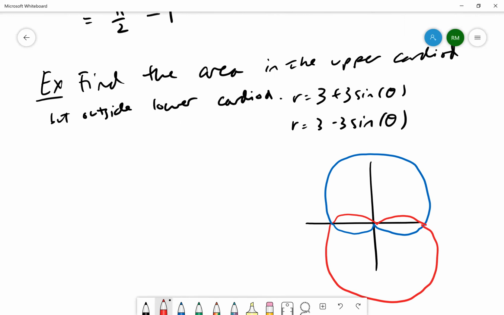Okay, and this should be r equals 3 minus 3 sine theta, and this will be r equals 3 plus 3 sine theta.